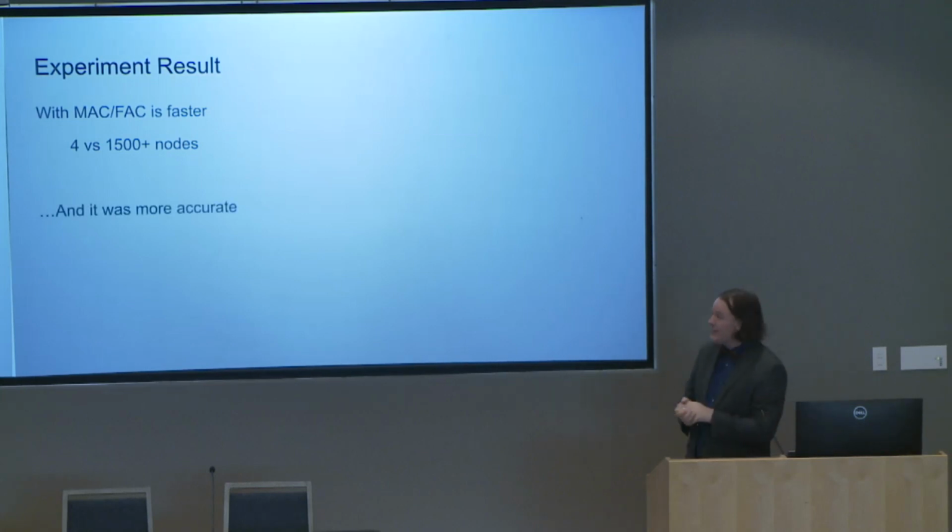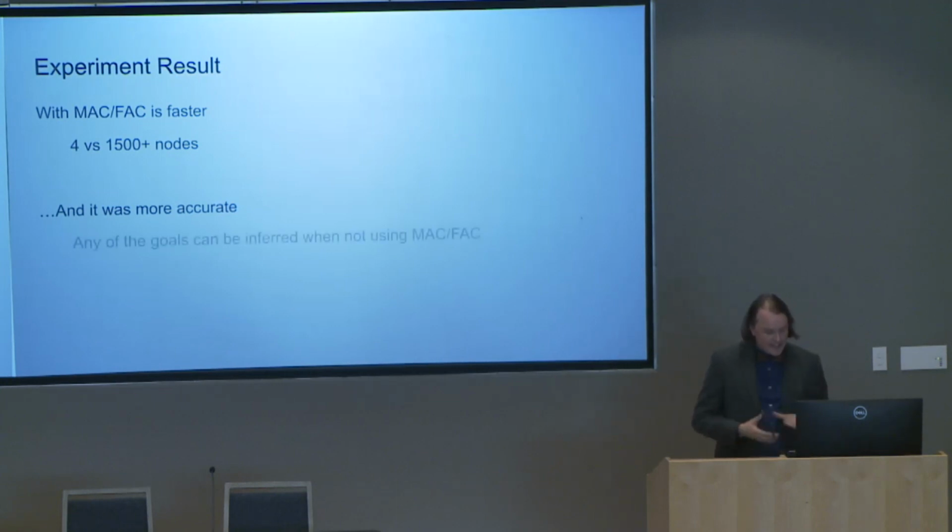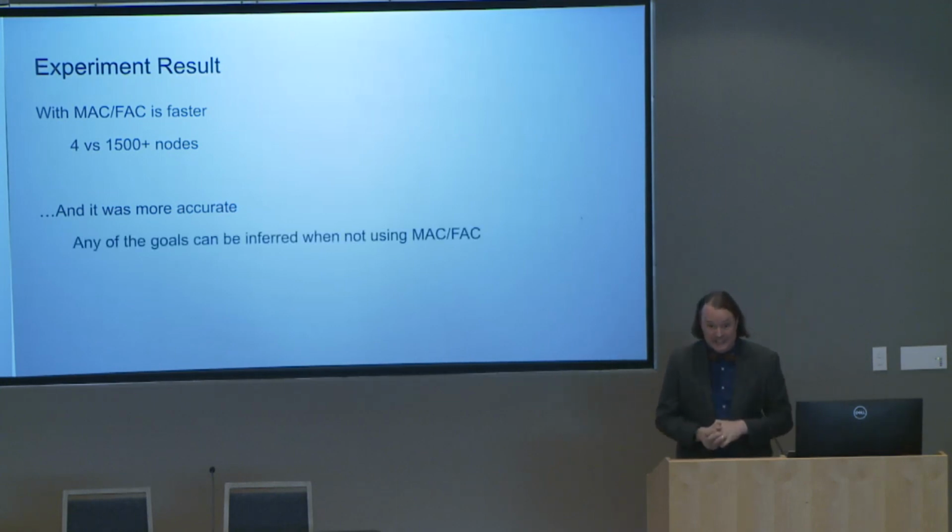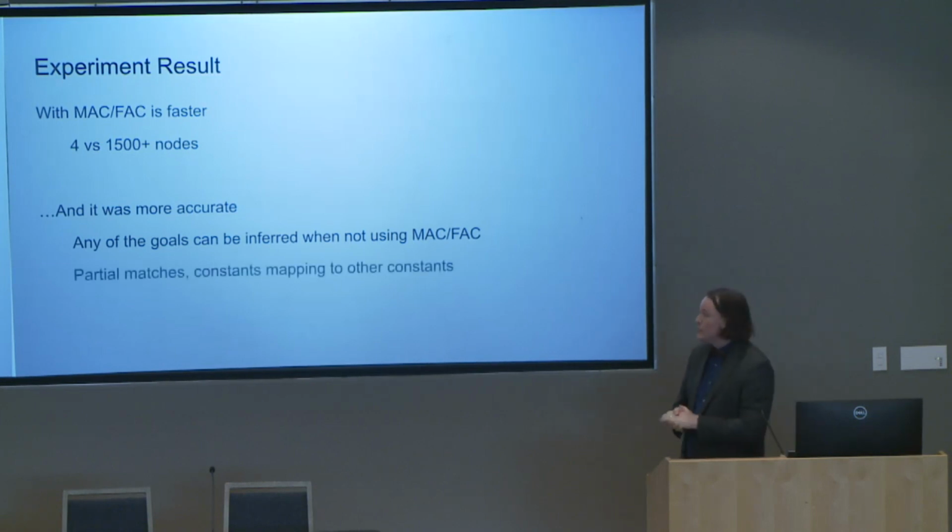What we also found interesting, and this is a very small case, I'm not going to make any generalizations from this one example, but in this one example, we did find it was indeed more accurate to use Macvac. And this was a really surprising result. This is because when we were running without Macvac, it was able to do matches with most of the models.